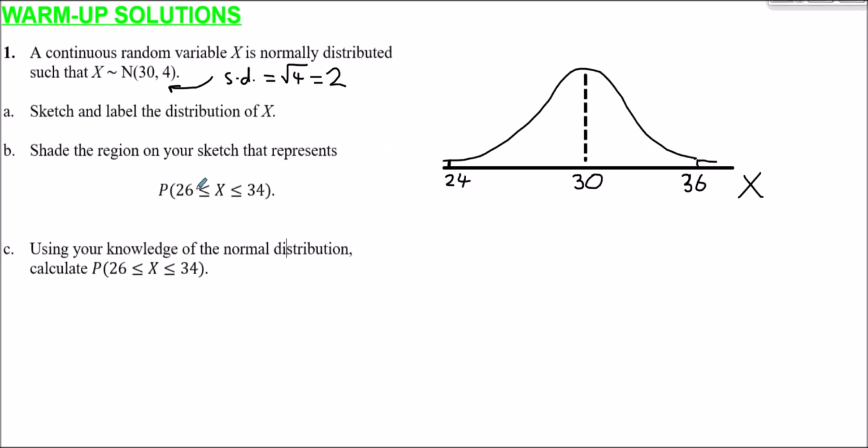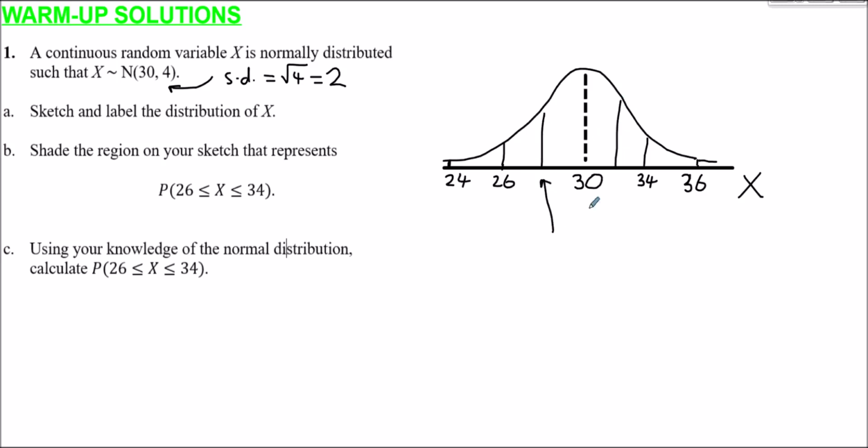For part B of question 1, we need to sketch the bit of the curve that represents a probability of x being in between 26 and 34. So what we need to do here is label on 26 and also label on 34. I'm going to do an extra line here, which we'll see why in a moment.